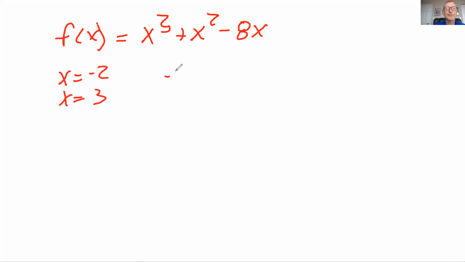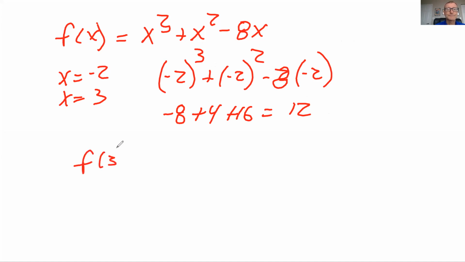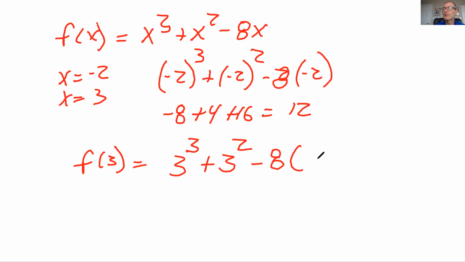So x equals minus 2 would be minus 2 cubed plus minus 2 squared minus 8 times minus 2. So that would be minus 8 plus 4 plus 16. And that looks like that would be 12. So then we plug 3 in. 3 is 3 cubed plus 3 squared minus 8 times 3.